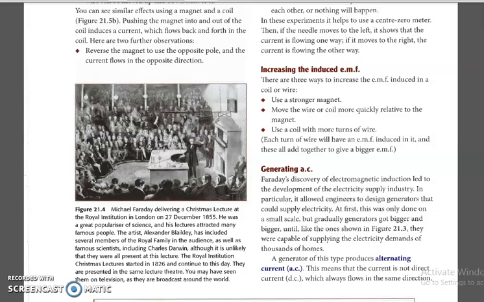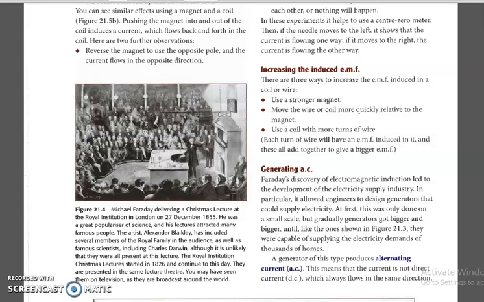If both are moving in the same direction, there will be no EMF. If both are moving in opposite directions, there will be a relative motion, and thus it will be producing an induced EMF.